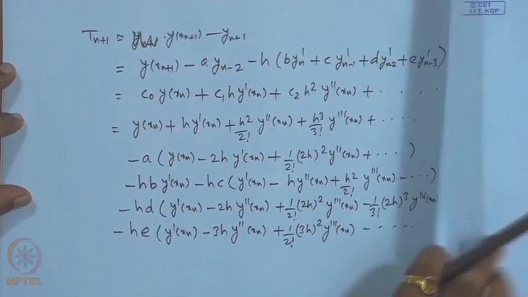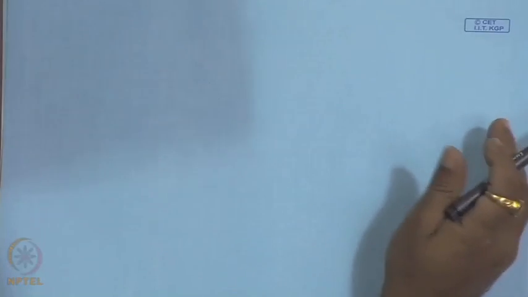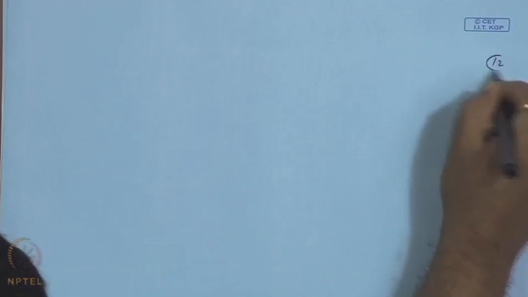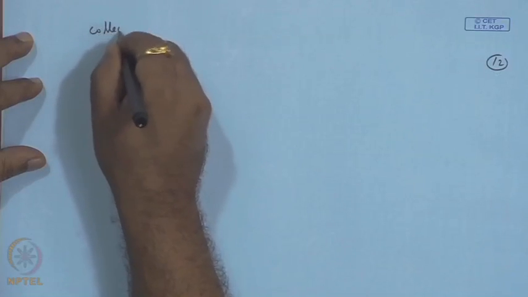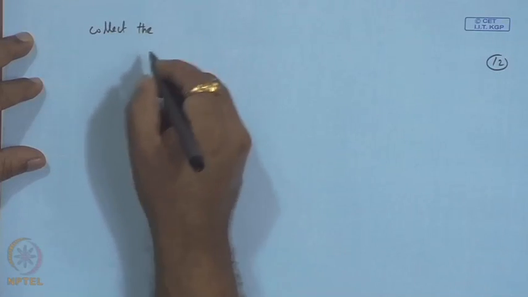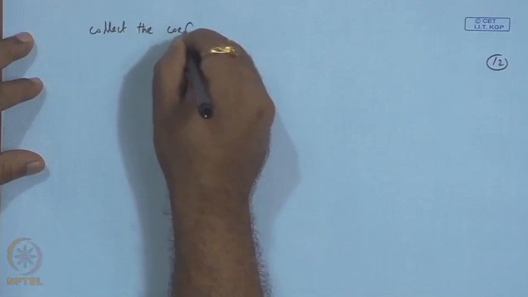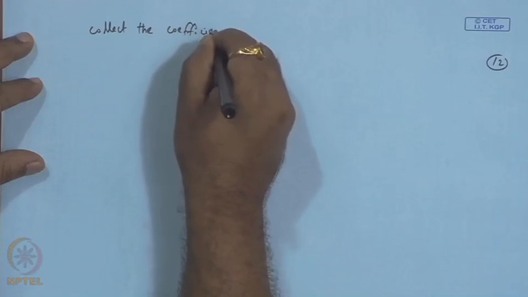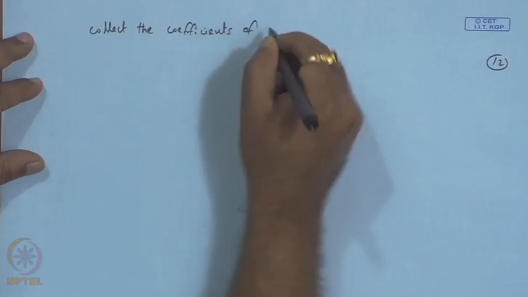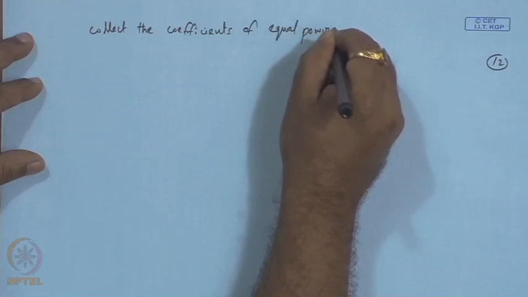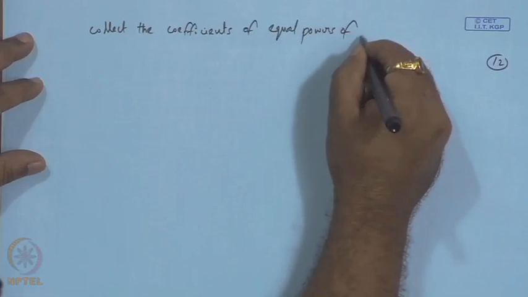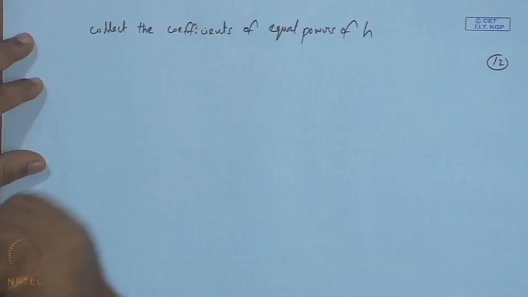So, if we do that, that means collect the coefficients of equal powers of h.